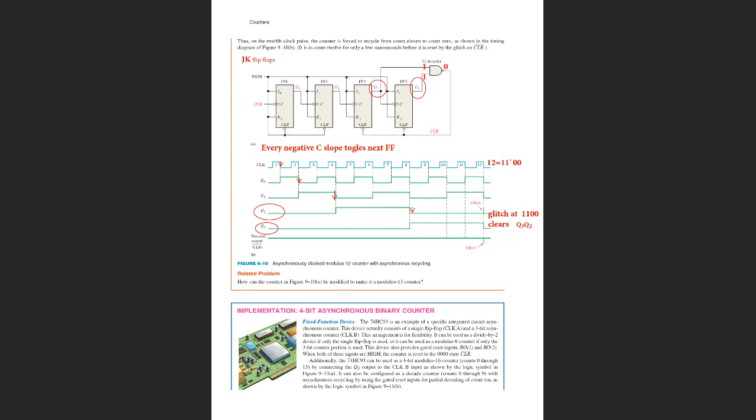For instance, when Q0 is producing a negative slope after clock 2, Q1, the next flip-flop, is toggling. And at clock 4, when the negative slope happens, Q0 is producing a negative slope, and Q1 is toggling, and so on and so on.